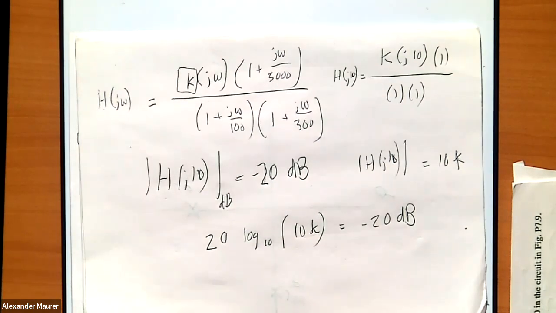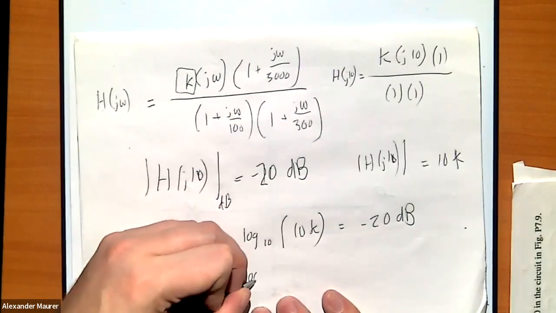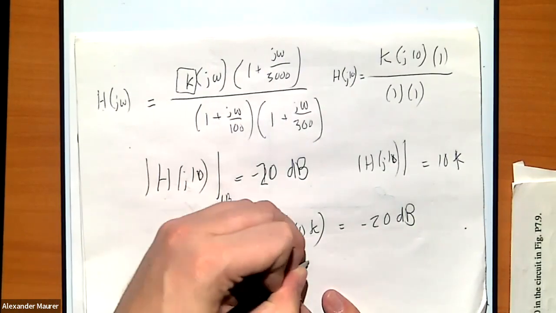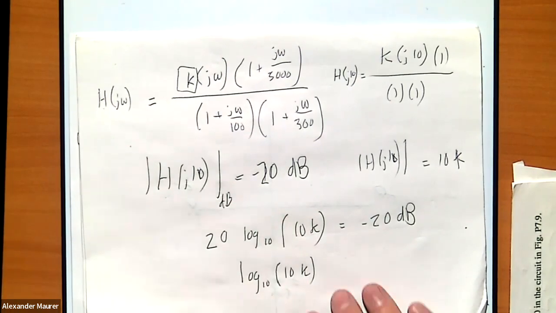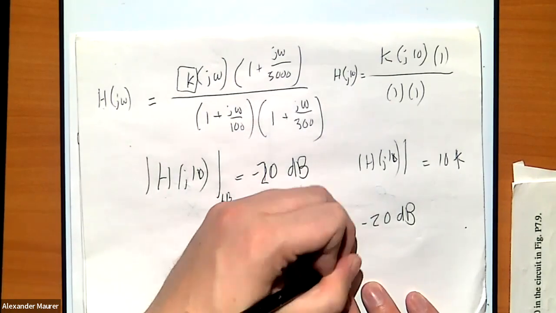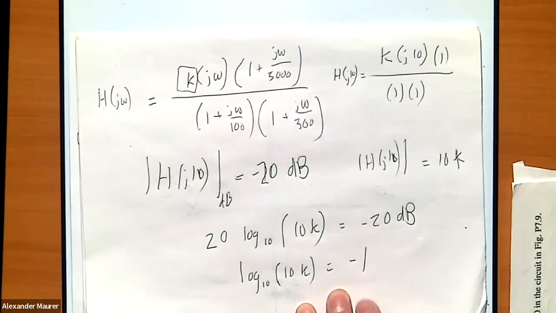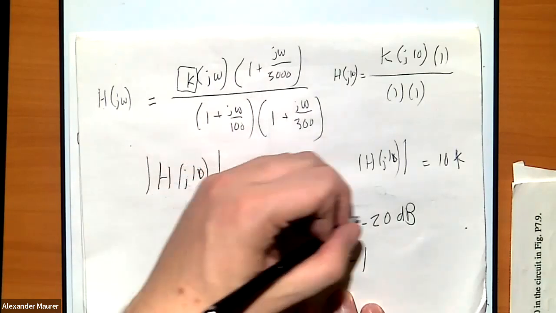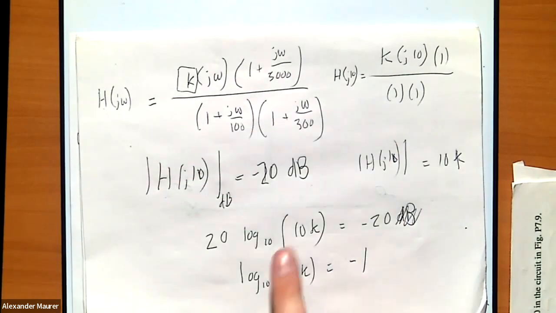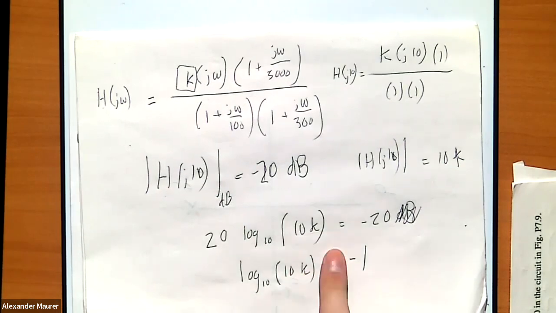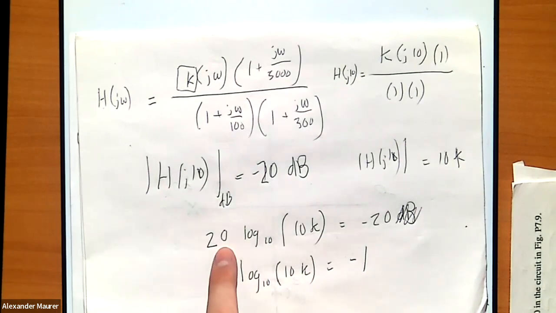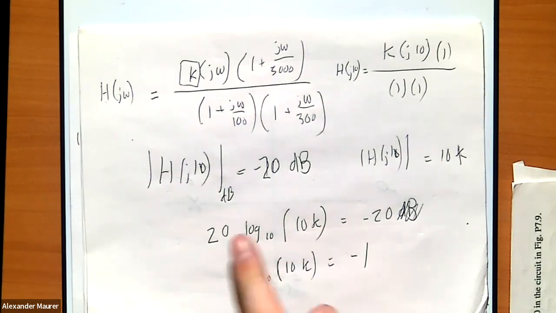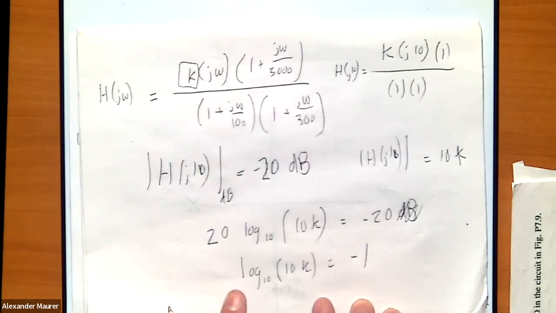So solving this, I know that log base 10 of 10K is equal to -1. And then I cancel the dB units. Suddenly this side also has dB units, so it's 20 dBs log 10, 10K. This carries the dBs, but the left side's in dBs too. Doesn't matter, unit tracking stuff.